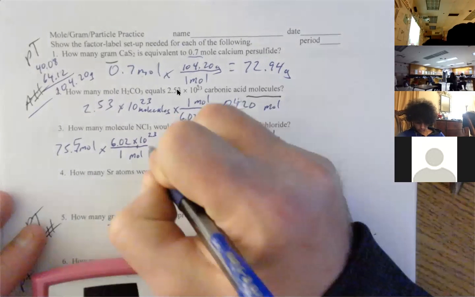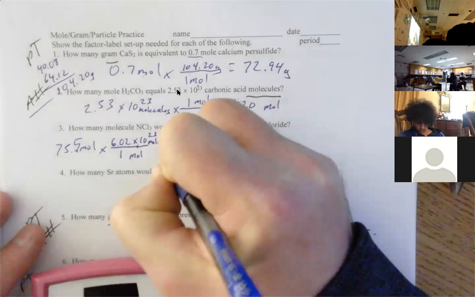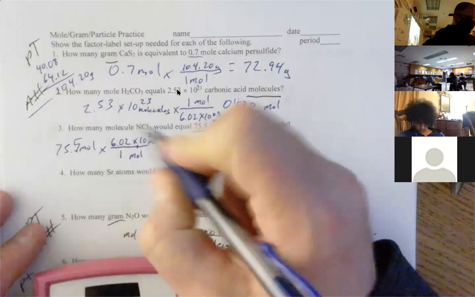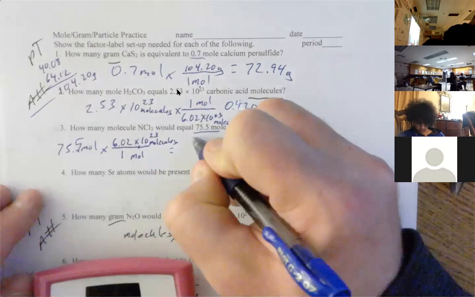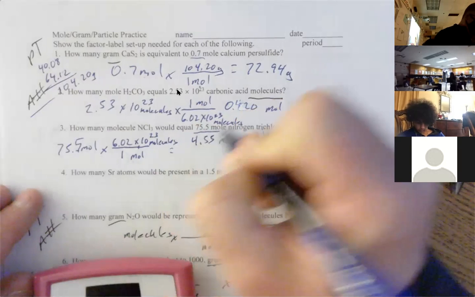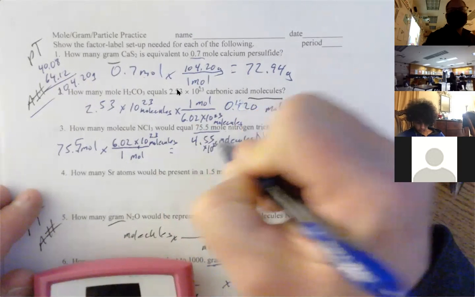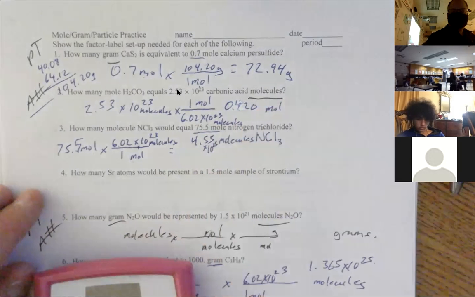And the number that goes with particles, like molecules, atoms, or formula units, is Avogadro's number. 3 significant digits here. We have 4.55 times 10 to the 25th molecules. Easy enough.